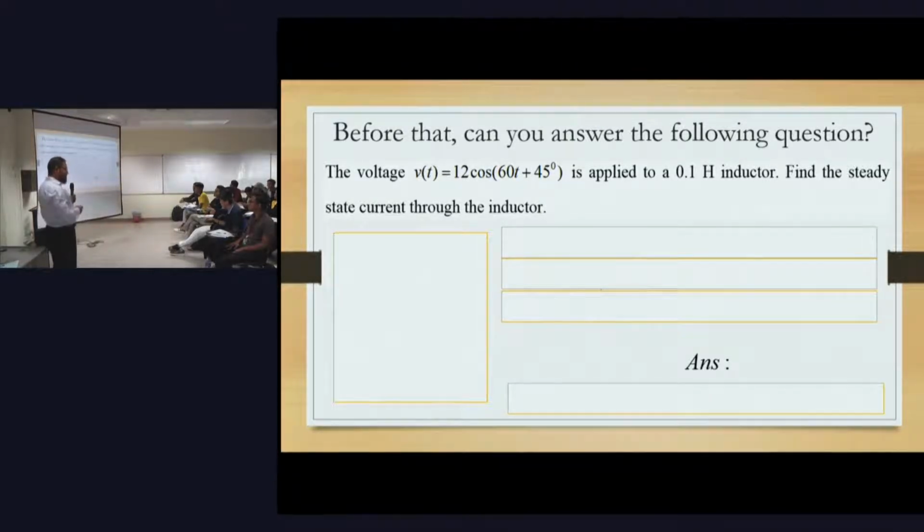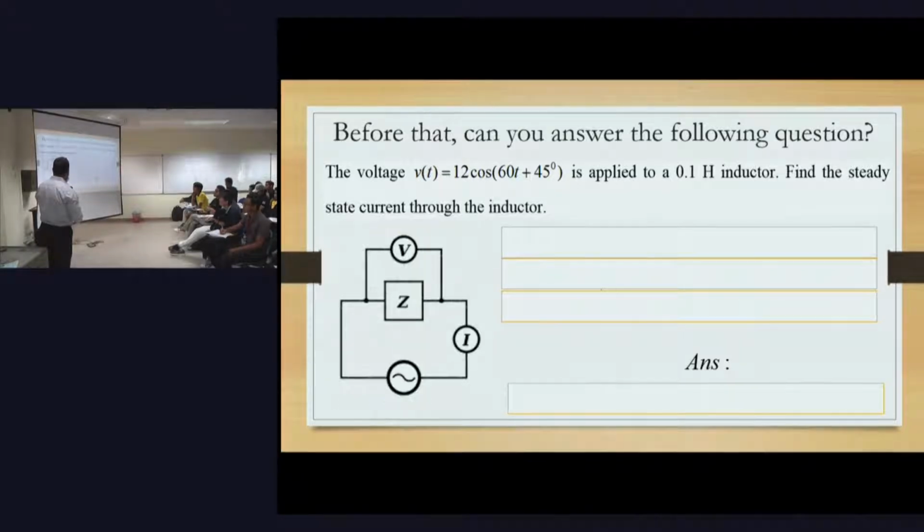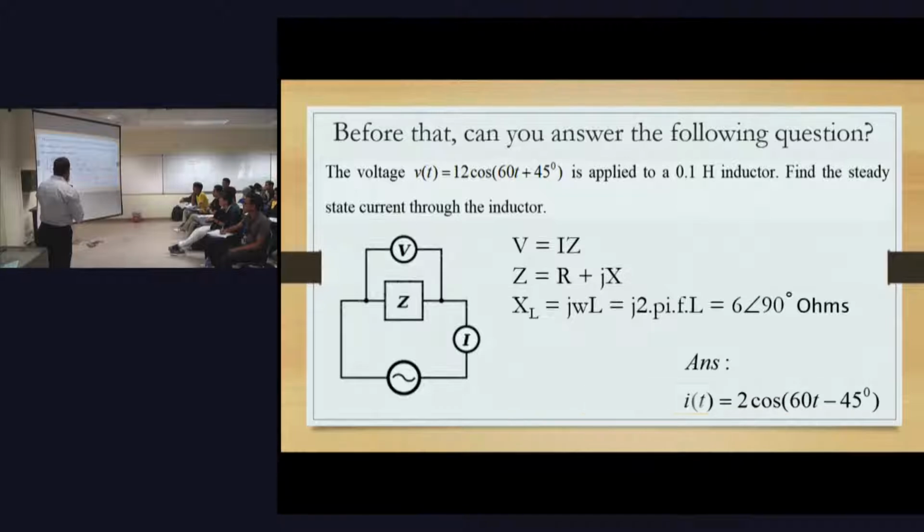Because you're already familiar with the impedance of that inductor, you can right away find it out: j omega L. Or in polar form, that would be omega L with an angle of positive 90 degrees. So omega is what? 60. Thank you very much. And L is 0.1 Henry. And it's probably solved here. There you go. So we have XL.